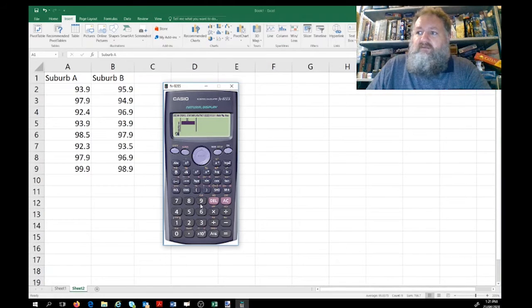Okay, so our first one, 93.9. Once you've got that number in, you just hit equals, and you'll see it appears as the first piece of information in our table of data.